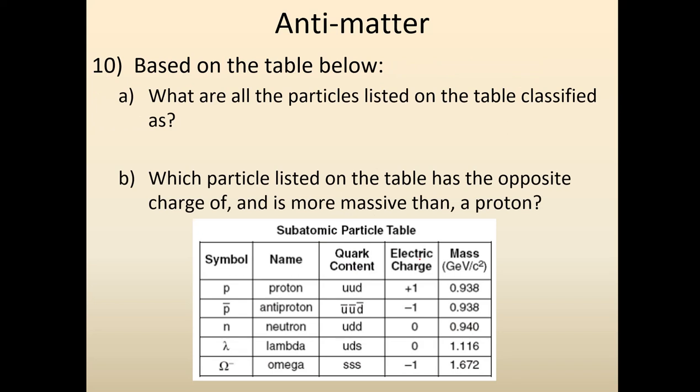All right. So they want to know what all these particles are classified as. Since all these particles have 3 quarks in total, we know that they are all baryons. Now they want to know which particle has the opposite charge and is more massive than a proton. So we need opposite charge, so we're looking for something that's negative.